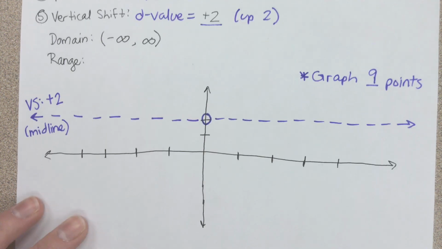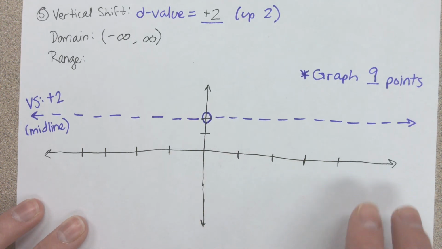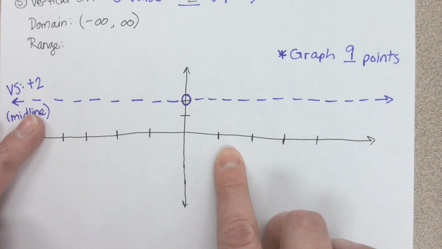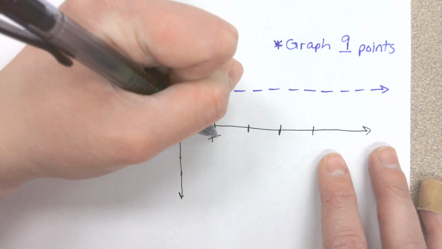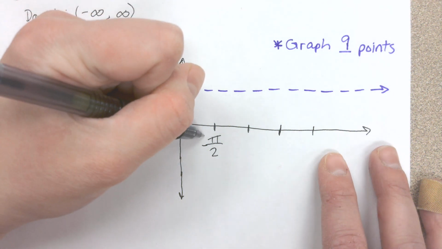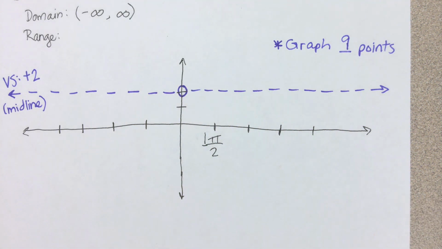This is how far apart each of these notches are. Our interval is pi over 2. So the first notch here is pi over 2. And this is where it might be helpful to write this as 1 pi over 2 instead of just pi over 2. Completely a personal choice.